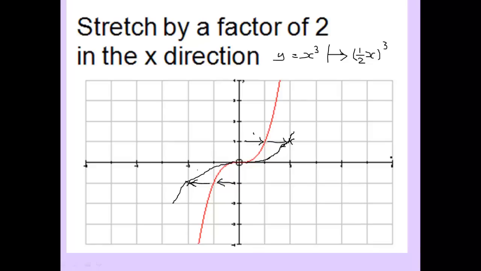We want the y value of 1. Well, it's 1, 1, so we get 1 cubed is 1. Here, we need it also to be 1 cubed, but it's actually 2, isn't it? So it's a half of 2 that gives us 1. So we get the same y value.